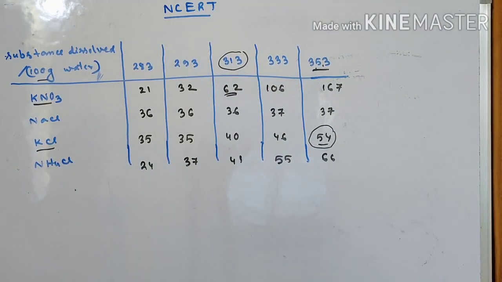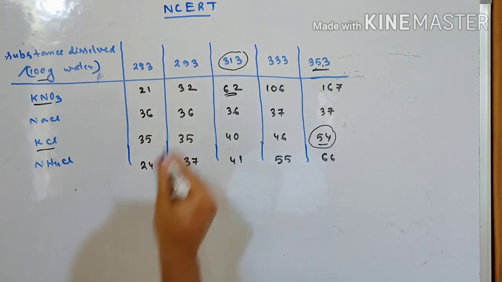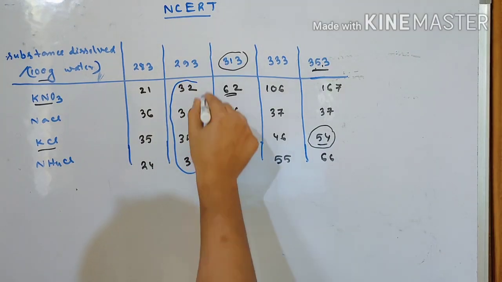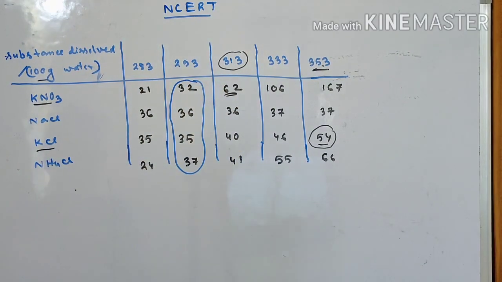Next question is, find the solubility of each salt at 293 Kelvin. So it is already given, you see, at 293 Kelvin, whatever is the solubility, I don't think I need to rewrite, it is given already. There is an attached question. Which salt has the highest solubility?